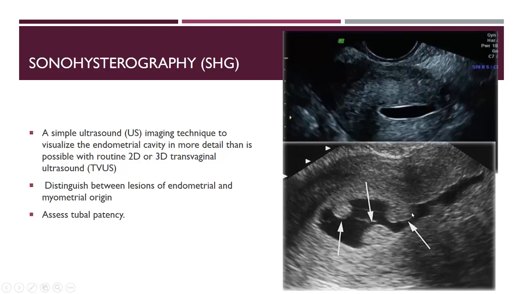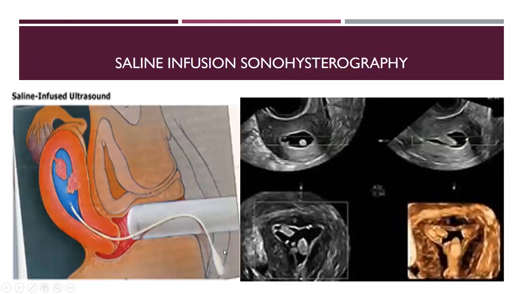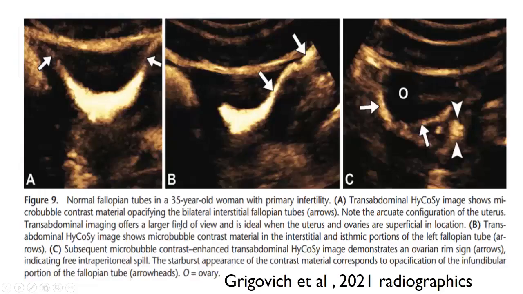This is a sonohysterography showing multiple polyps, like the case I showed you in the hysterosalpingography. These multiple polyps are better seen. Also in the presence of intrauterine synechia we can detect them well. This is another case. There are multiple polyps seen, and also intrauterine synechia. This is how to assess the patency of the fallopian tube by contrast ultrasound.